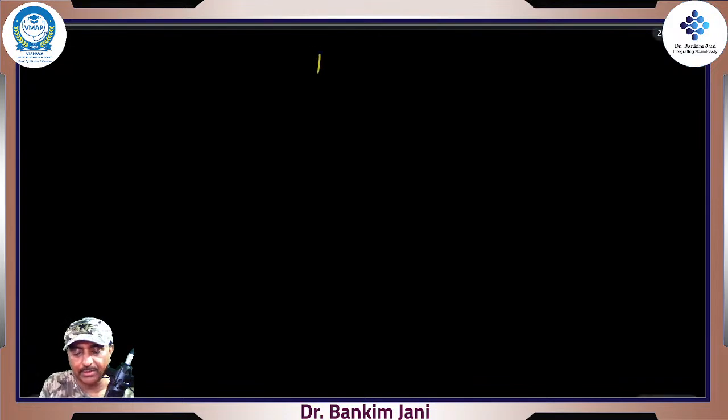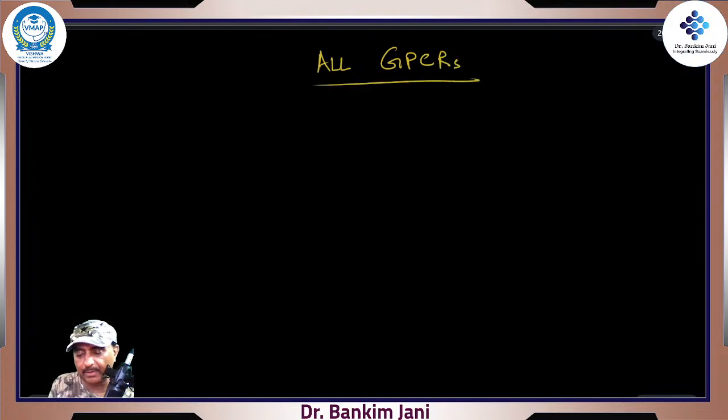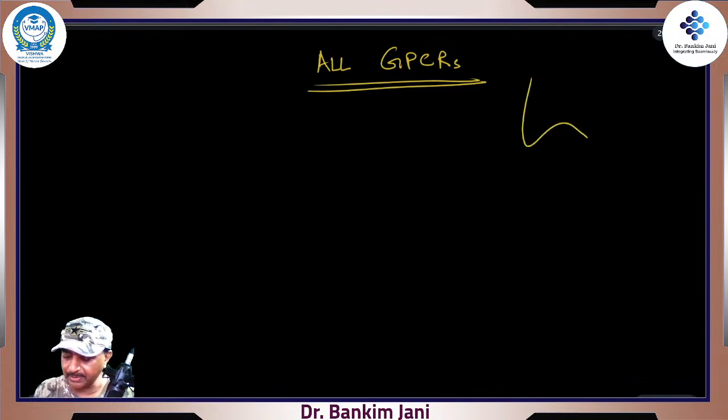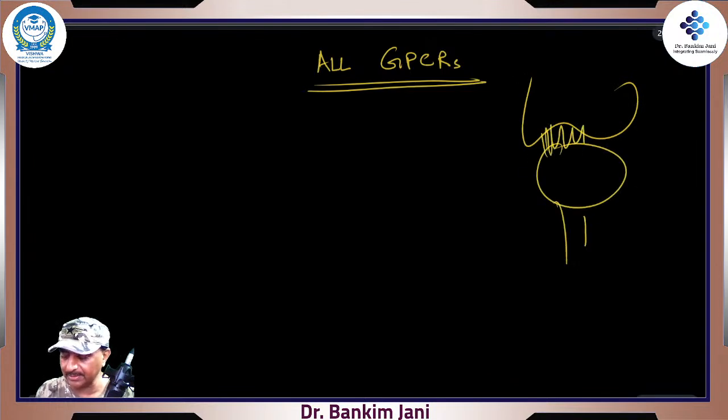So here are all the GPCRs in the entire body. Yes, all of them are in the synapse. Synapse is where neurotransmitters go like this. So this is the synapse, and in between, that's how they release.